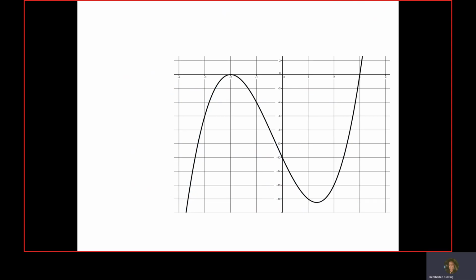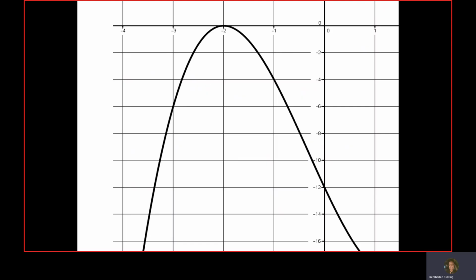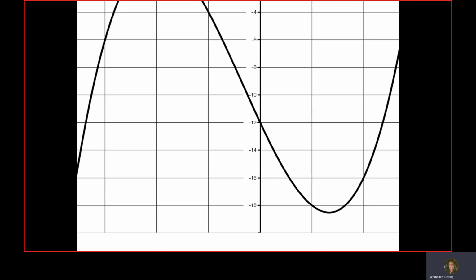All right, so naturally, young people, if the y-intercept is where the graph crosses the y-axis, I know it's hard to see. Let me see if I can zoom in. Y'all see that? Where does this graph cross the y-axis? At -12. So naturally, the y-intercept would literally be that point.